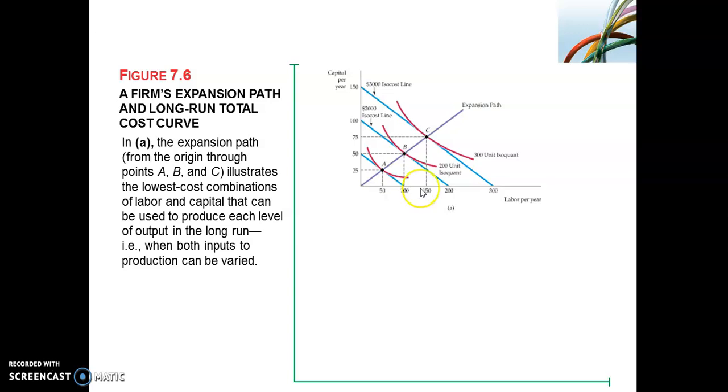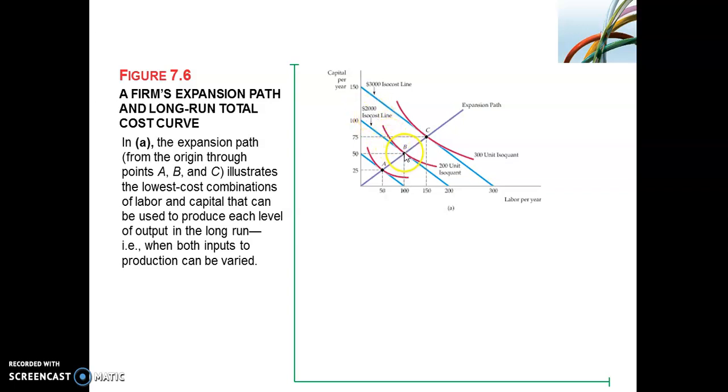If we have a look at the second isoquant and isocost line, if we want an output of 200 units for it to be produced in the lowest cost manner, or in a cost minimizing manner, the input combination of capital and labor would be 50 units of capital and 100 units of labor, respectively, to obtain an output of 200 units on the isocost line where the isocost line is equal to $2,000.